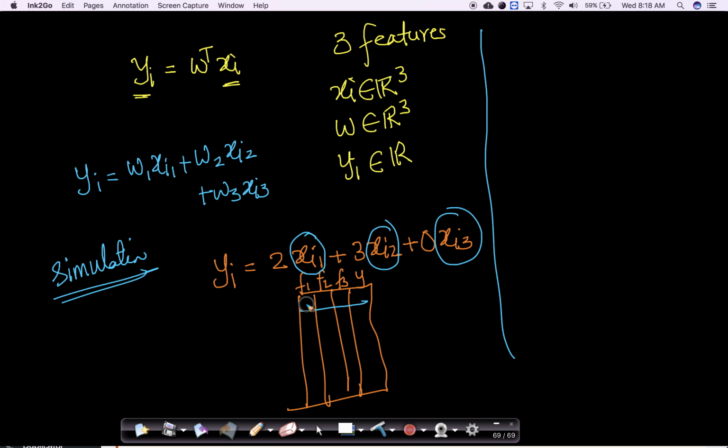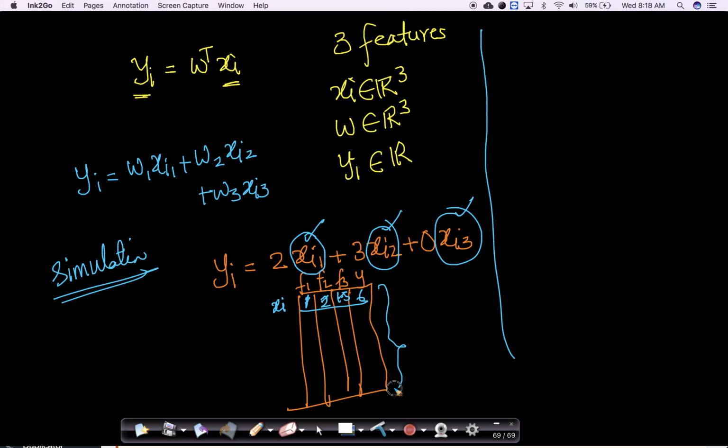Let's assume I generated a value of 1 here, 2 here, 1.5 here. When I plug these values in, I'll get my value of yi. So 2 times 1 is 2, plus 3 times 2 is 6, so I'll put the value of 8 here, because 0 times 1.5 is 0.